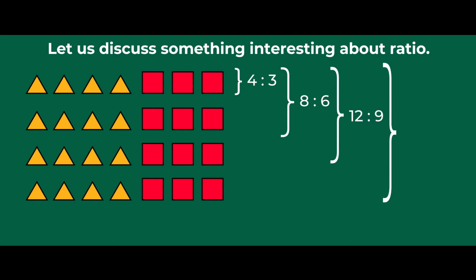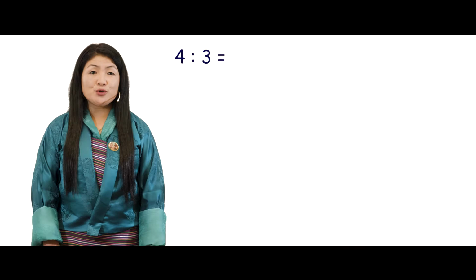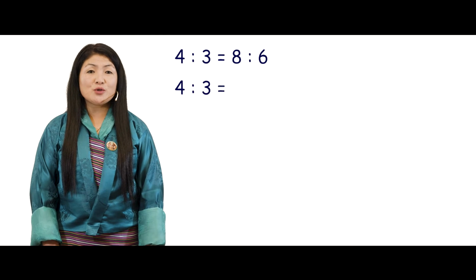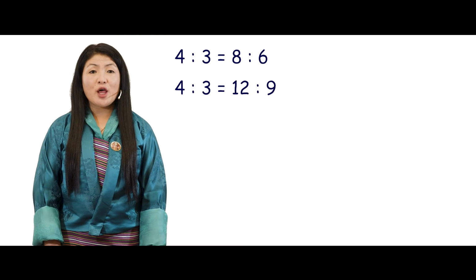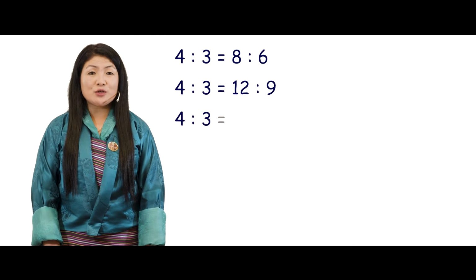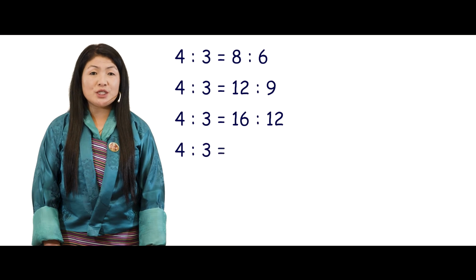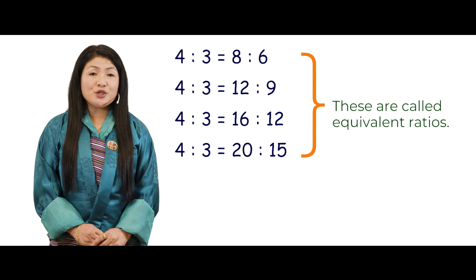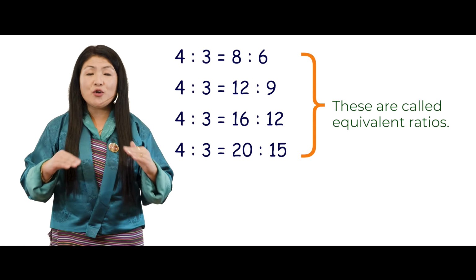The new ratio is 16:12. 4 to 3 is equal to 8 to 6. 4 to 3 is equal to 12 to 9. 4 to 3 is equal to 16 to 12. And 4 to 3 is also equal to 20 to 15. They are known as equivalent ratios because they are equal.